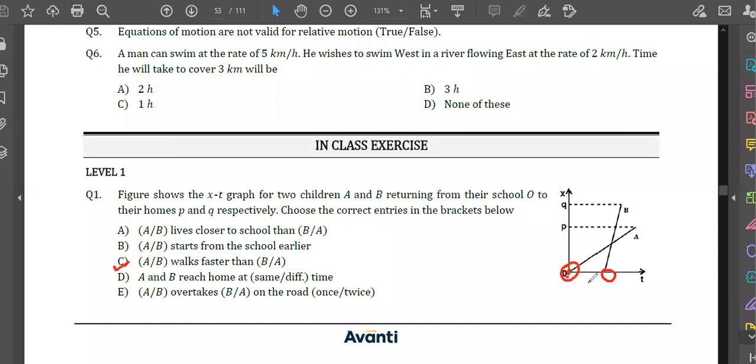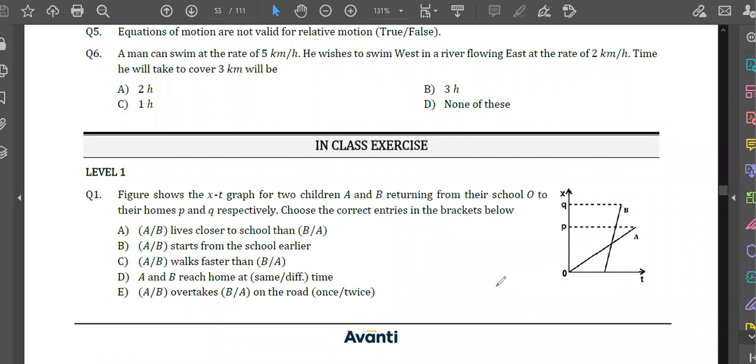Being fast and starting first are two different things. Now, who is faster, A or B? That we have already discussed. Yes, B is faster.